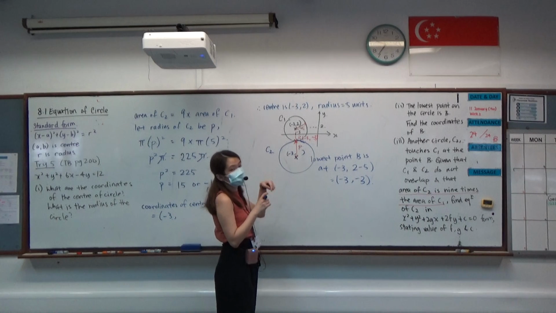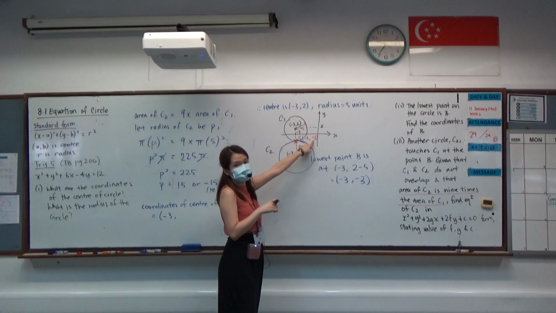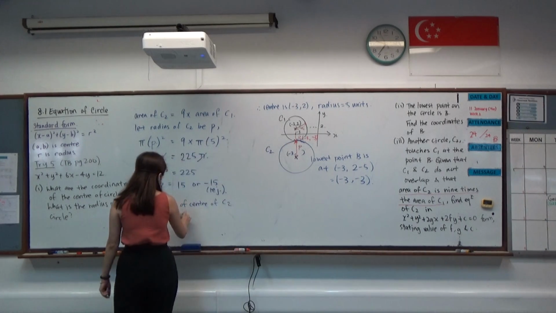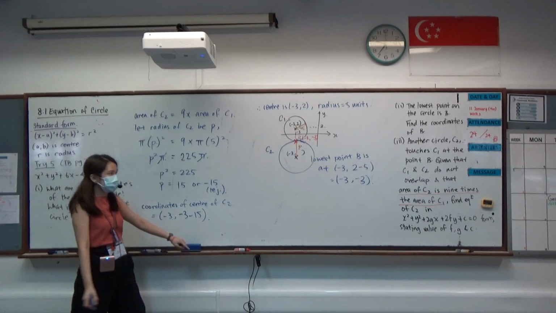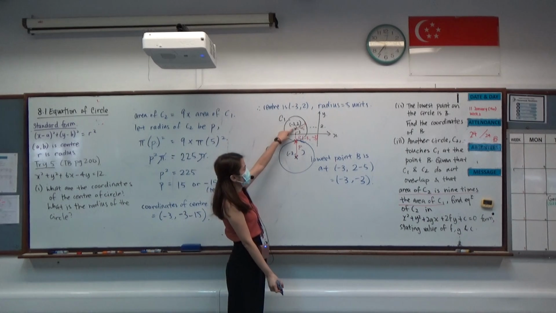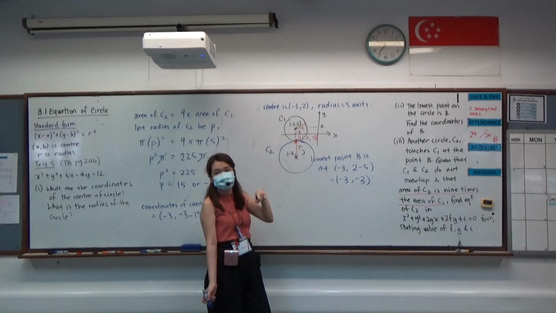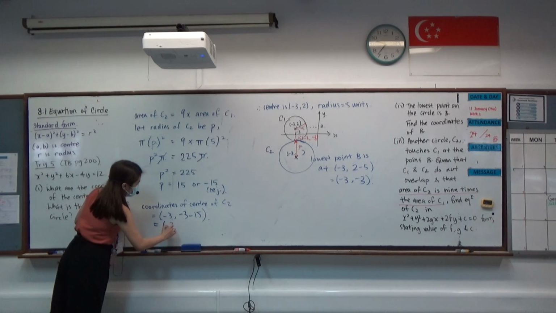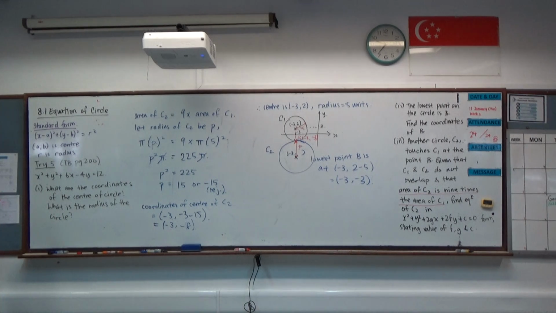Oh, okay, negative 15 minus 3. Technically it's from here, negative 3, then you minus 15 downwards. So negative 3 minus 15. Negative 3 because you start from B. If you had started from the center of C1, it would be 2 minus away 3 minus away 15. You understand that? So the center will be at negative 3, negative 18.